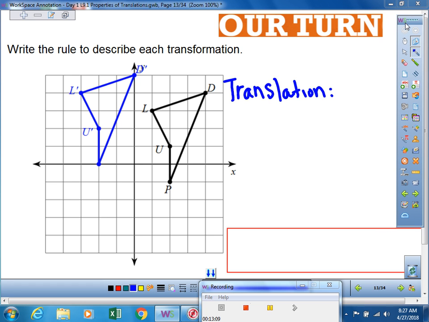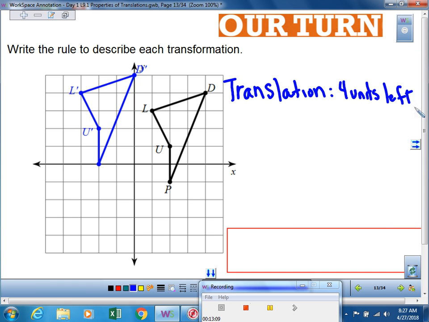And then we're going to do the XY first. So you pick a point on the pre-image, which is the one without the prime marks. So we'll pick D. Which direction are we going? Left. How many units? 4 units. So you would say 4 units left, and then 1 unit up.